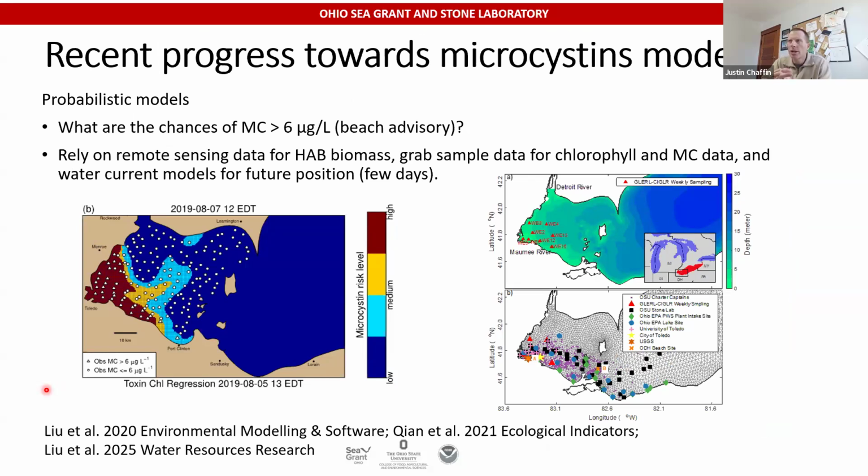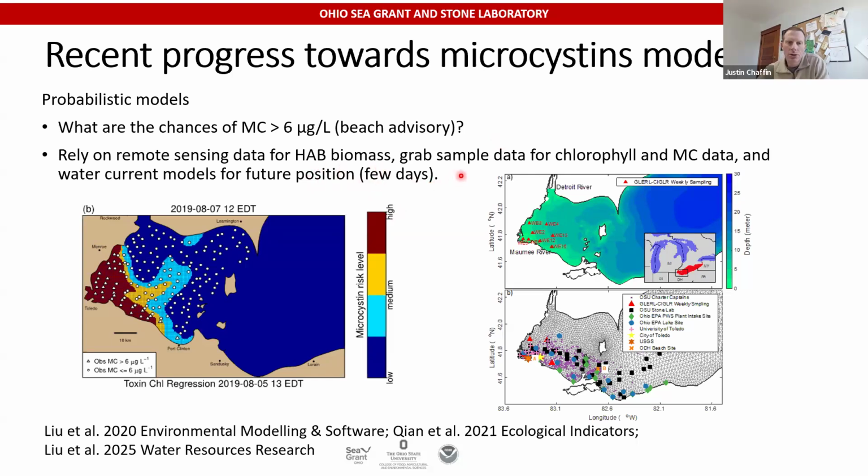And there's a couple types of models that have been developed or are still works in progress. Some models simply ask, what are the chances of microcystin exceeding 6 micrograms per liter, which is a level for beach advisory? So, what's the chance of microcystin being above 6 on a low to high scale? These models rely on remote sensing data for biomass.